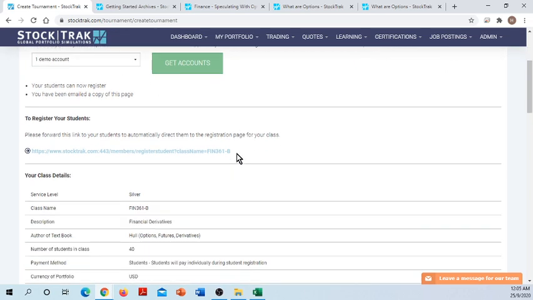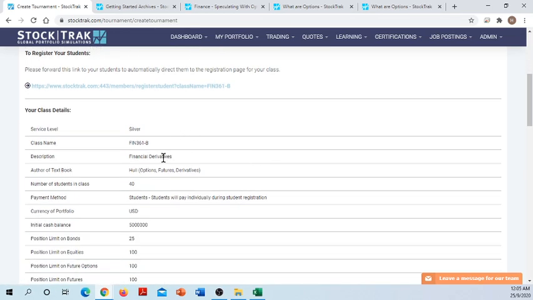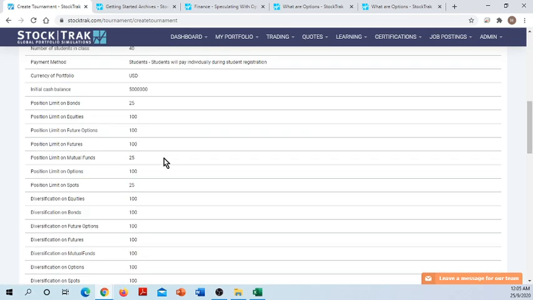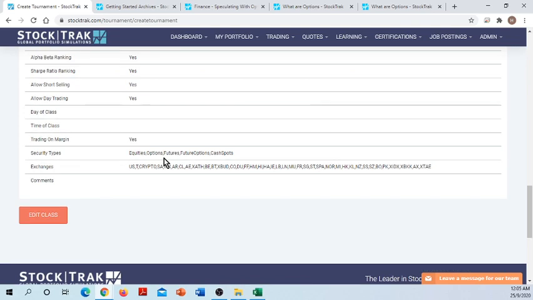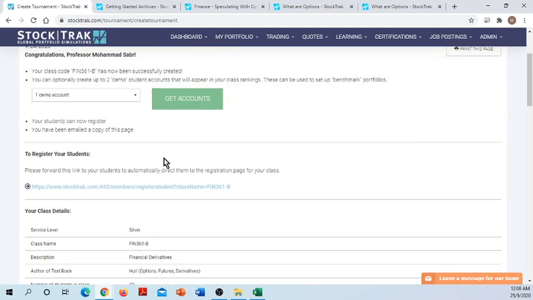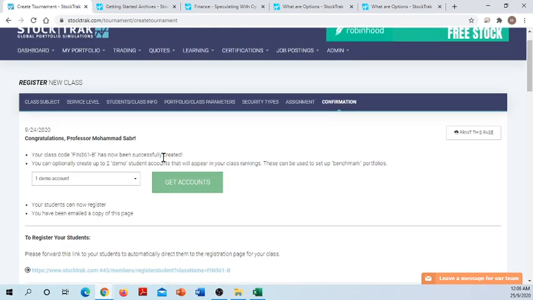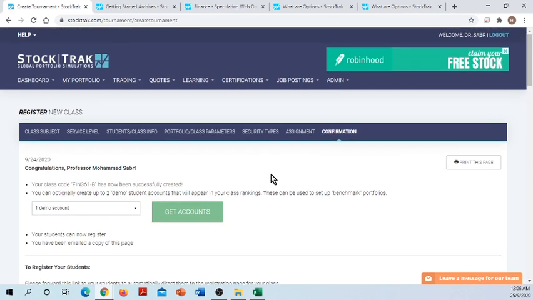Now this link you can use to share with your students to sign up for an account on StockTrak, and here is the summary of the details you set during the setting process. Now we are done with setting up an account.